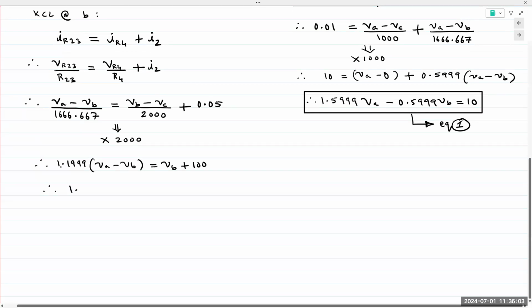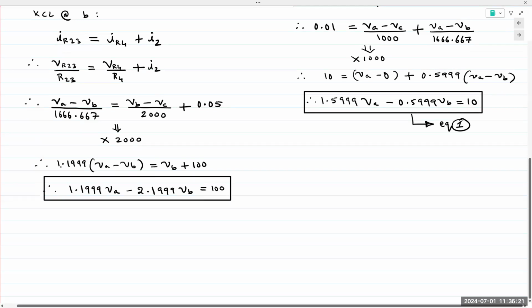Then I have my second equation, 1.199 VA minus 2.1999 VB equals 100. And this I'm going to label as equation number 2.